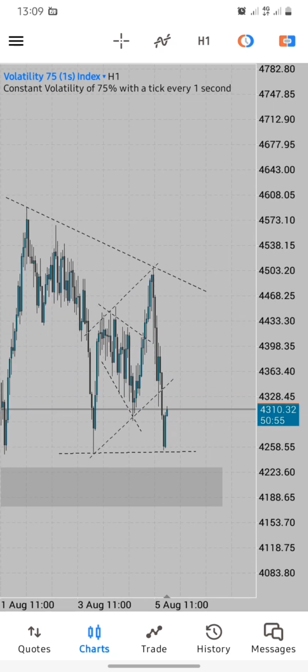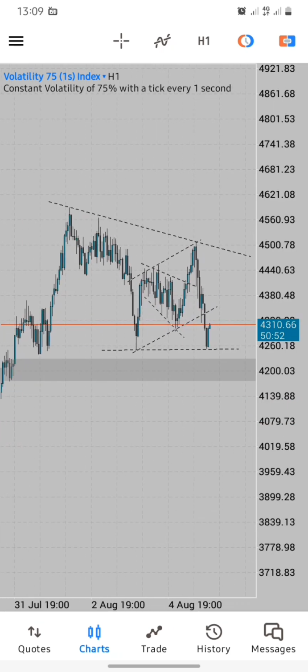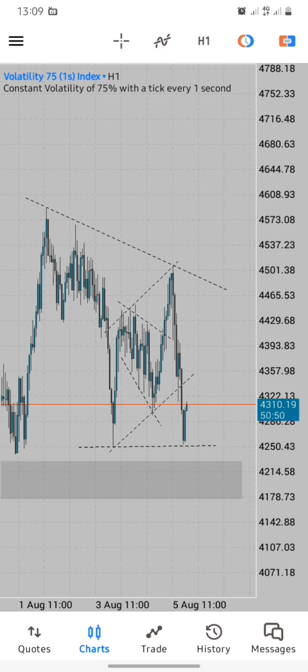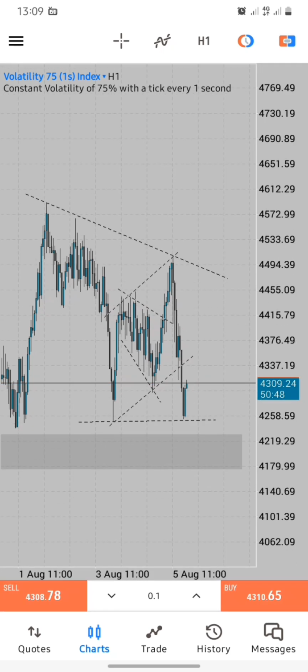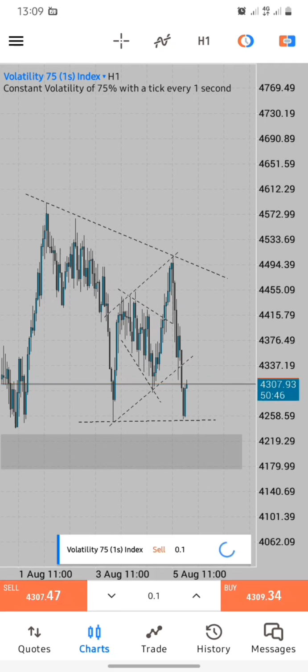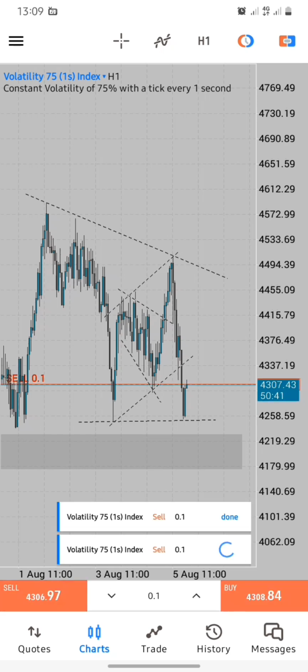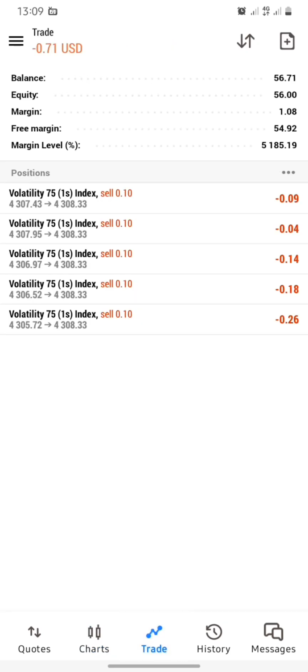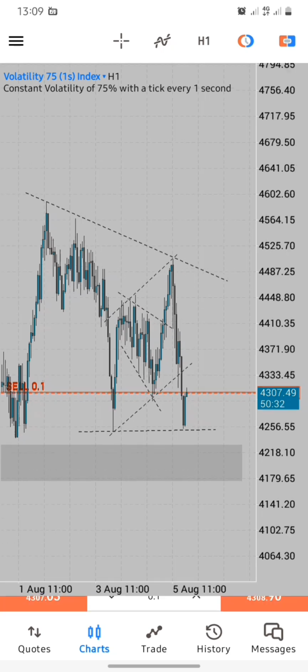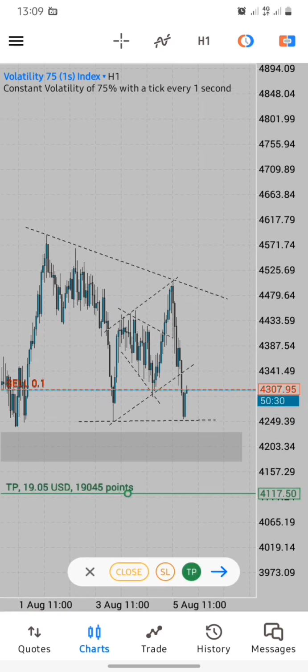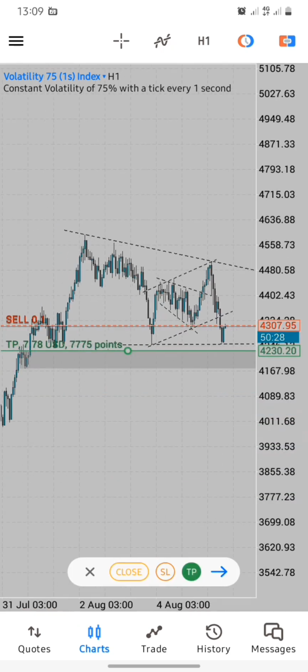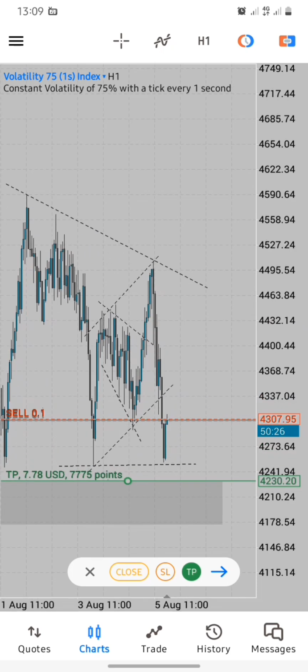So I'll open my sell position, and if you can see, currently this bullish flag has broken, and it's going to continue selling because it can't just surpass the supply zone at the top. So I opened a position. You can see we have a base drop. So let's see, we'll make about something around $7 or close.